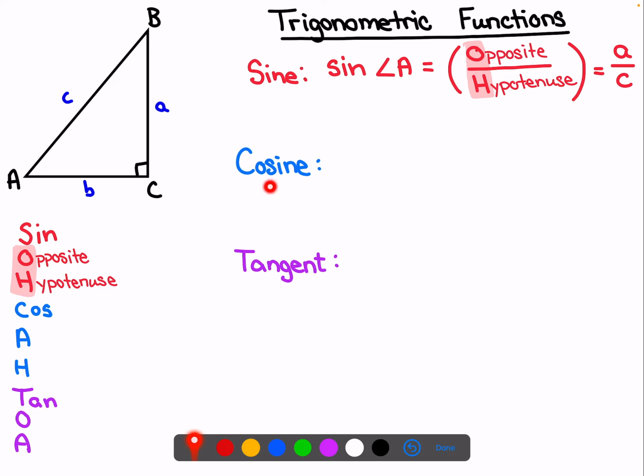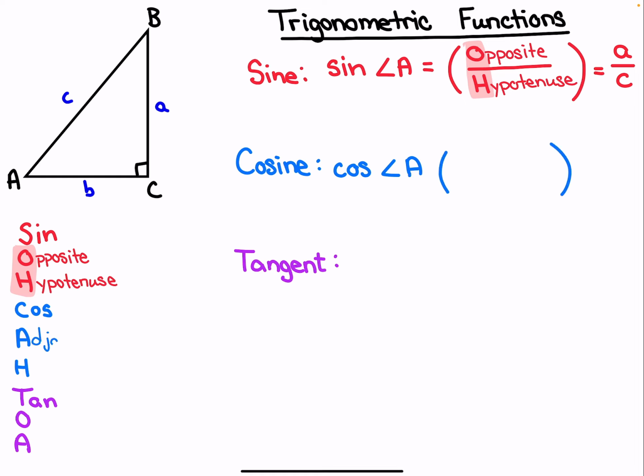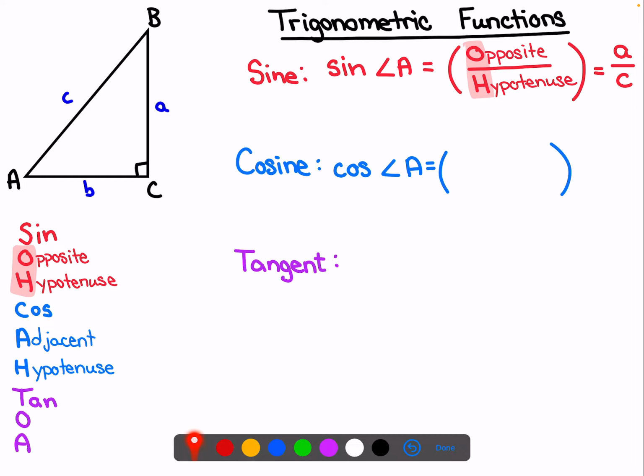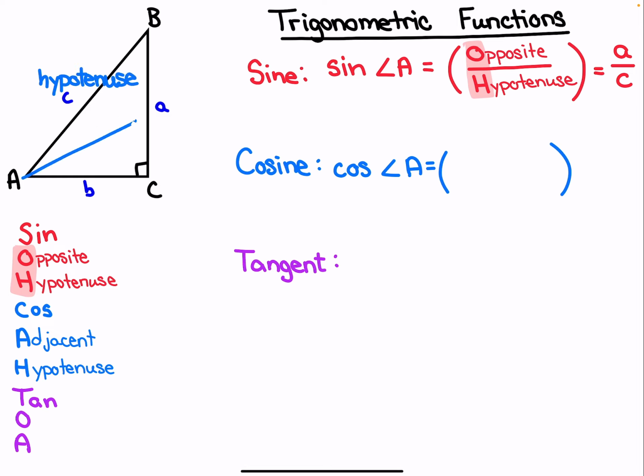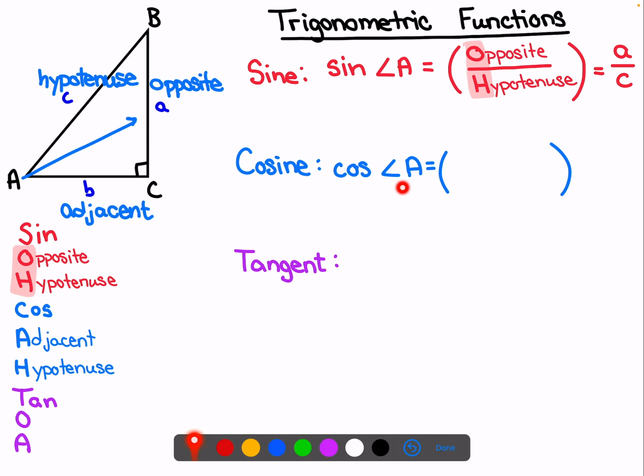Next, we can look at cosine. Well, again, these are just referring to the sides of the triangle that were given. So in this case, A will be adjacent, and H will be hypotenuse once again. From here, we can label our triangle. Since we're looking at angle A again, we're just going to have the same sides, and we're going to do that for each one.